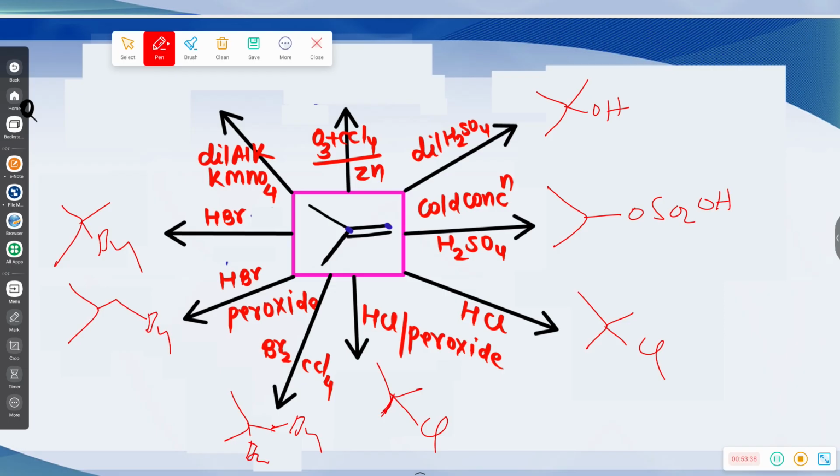Dilute alkaline KMnO4. What will form with dilute alkaline KMnO4? OH here, and keto here.